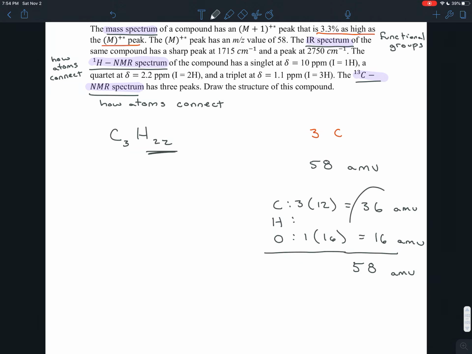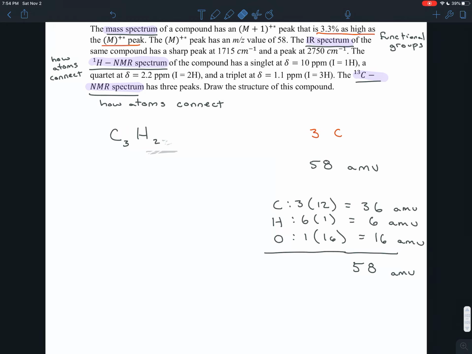If you add that together with the carbon, that's 52. And so, if that gives us 52, to get a total of 58, because the hydrogen is 1, we would need 6. So that gives us 6 AMU. So if you add all of those up, that gives you 58 AMU. 36 plus 6 plus 16 gives you 58.